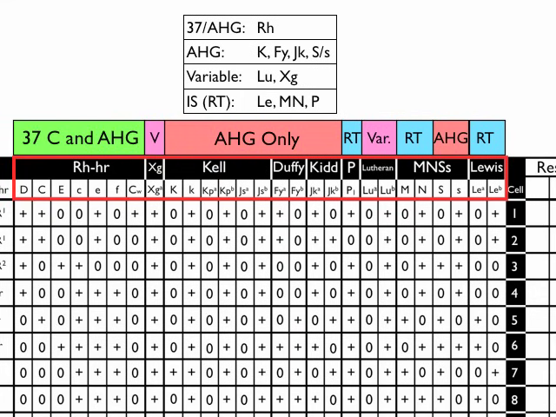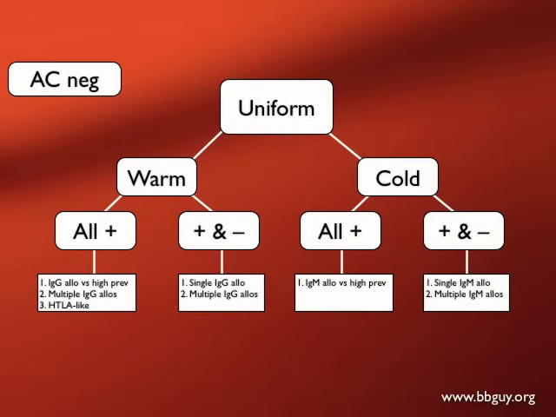All right, so let's look at the next slide. The next slide characterizes some of the things that we talked about before and brings them together. We're going to spend our time today talking about two different scenarios. The uniform reactions, both warm and cold, where you have positive and negative cells. Those are typically either single or multiple IgG or IgM alloantibodies. So we'll spend a lot of time talking about those.